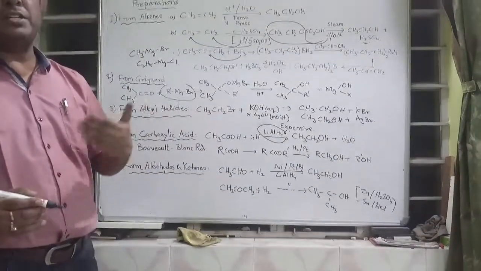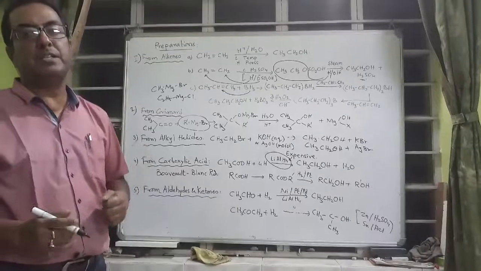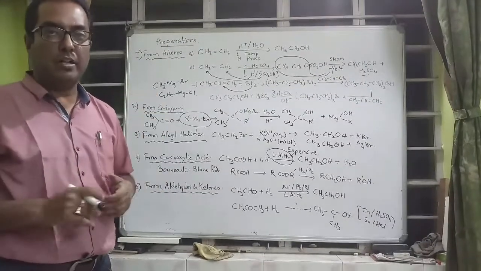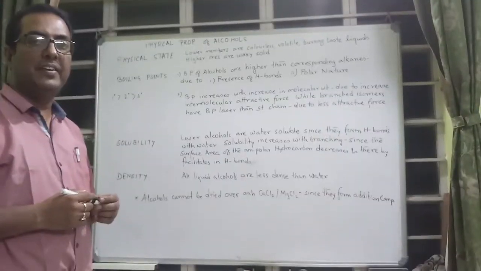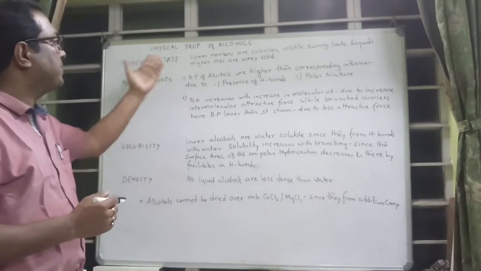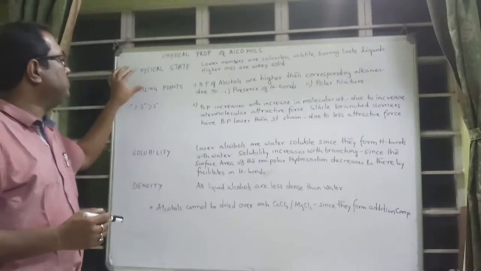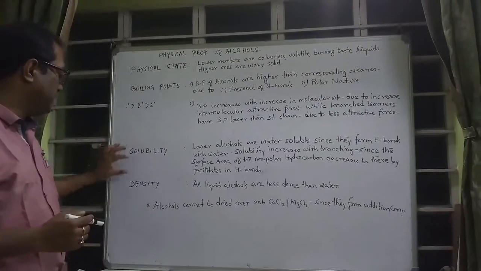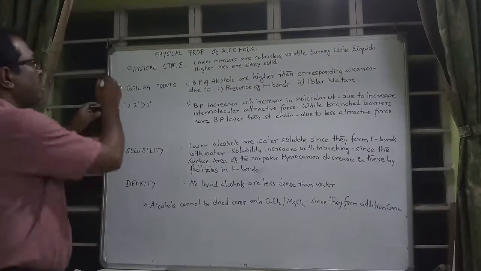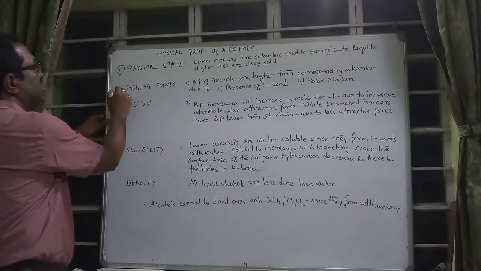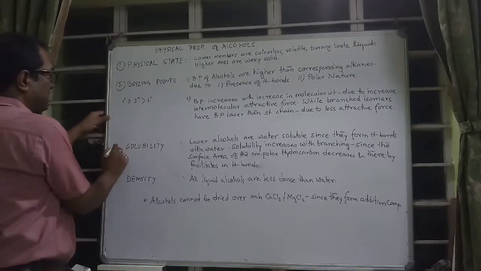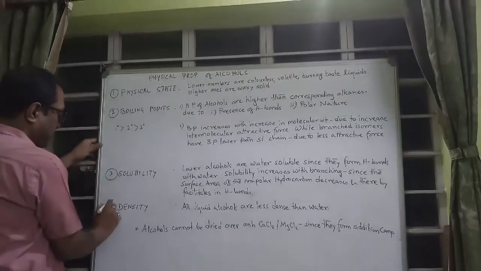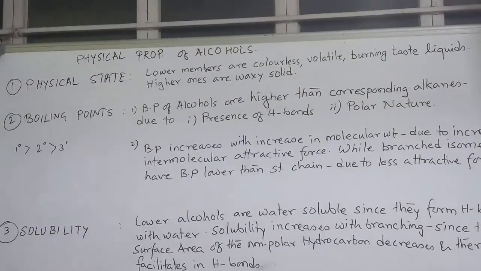Now the next part is about the physical properties of alcohols. Regarding the physical properties of alcohol, I would like to state the physical state, boiling point, solubility, and density. Four important things about the physical properties.